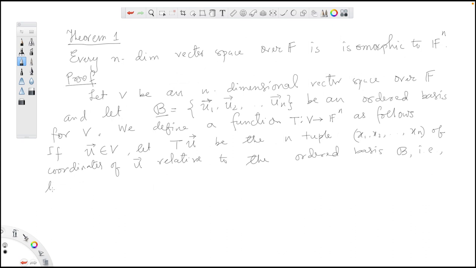That is, the n-tuple satisfies the following relationship. The vector u has a basis expansion like this, and we know that this expression is unique.